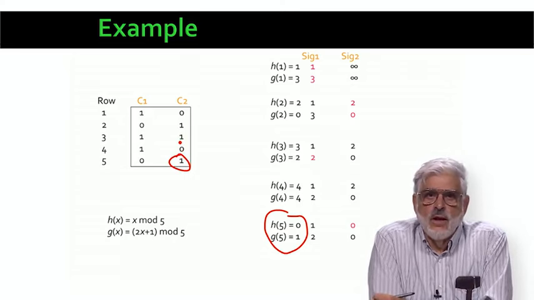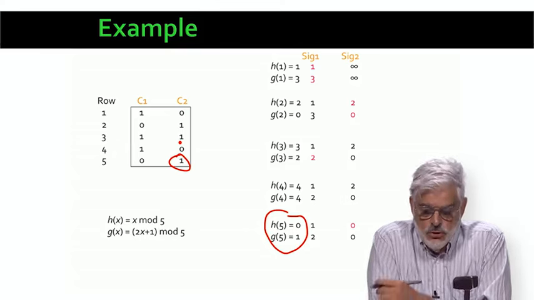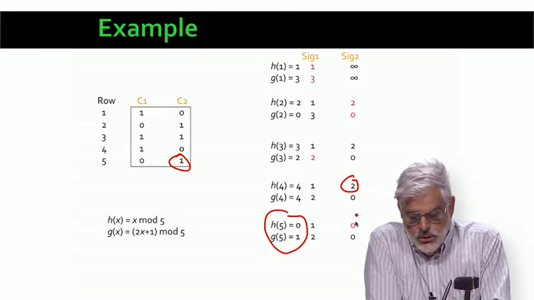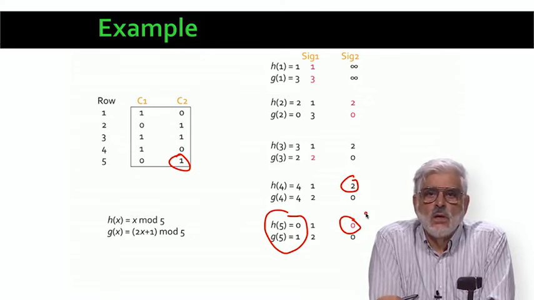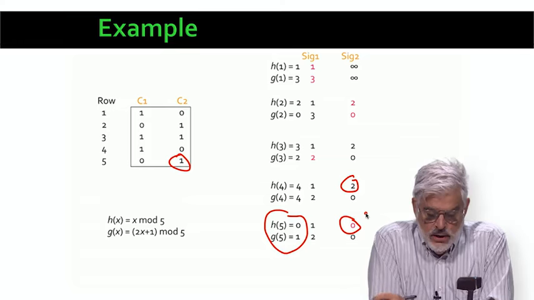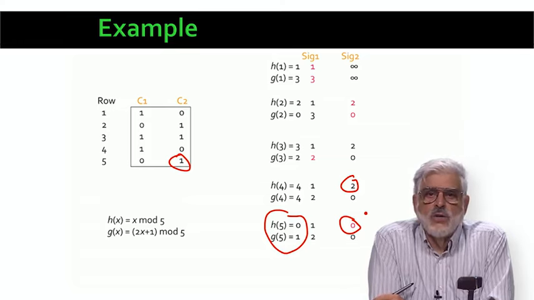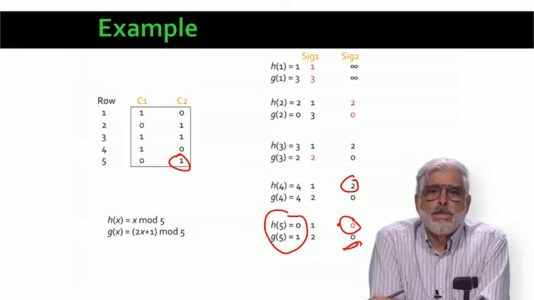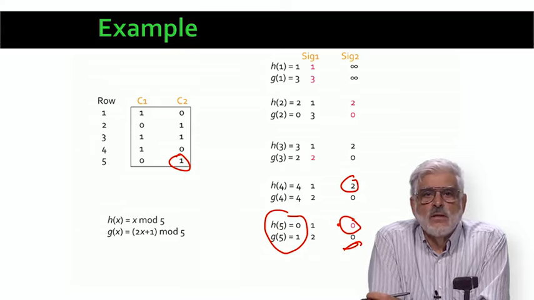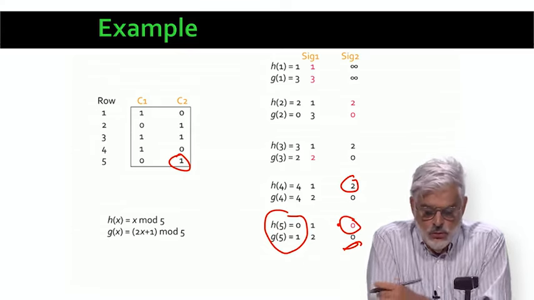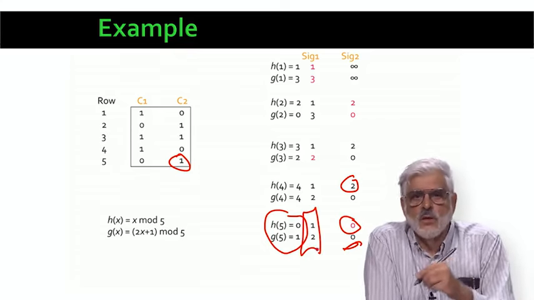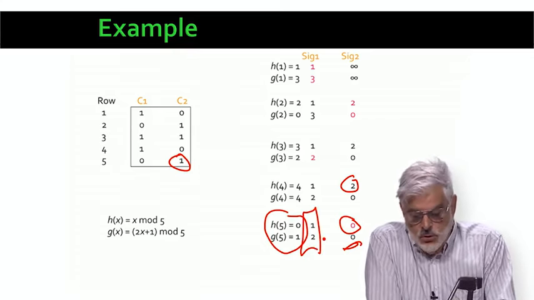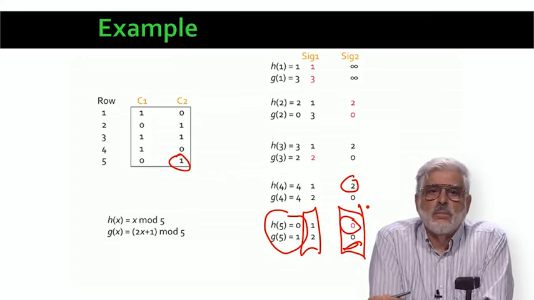Since h of 5 equals 0 and the old value of the slot for h is 2, we change it to 0. But the slot for g already has 0, which is lower than g of 5, which is 1, so no change is made there. Thus, the final signatures are 1, 2 for the first column, and 0, 0 for the second column.